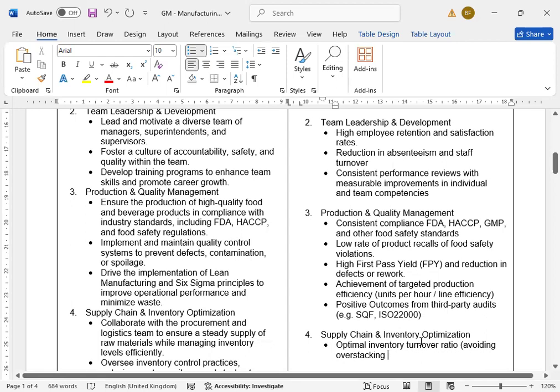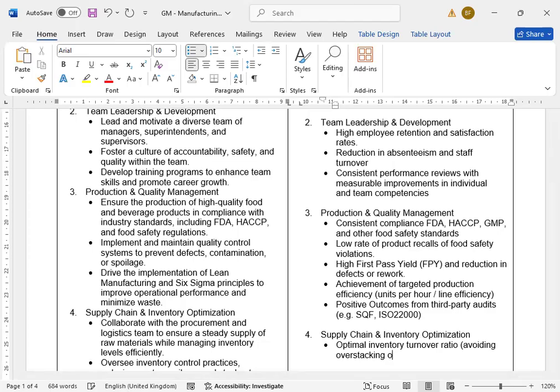You overstock, and the opposite. What is the opposite? Stockouts. You run out of SKUs, stock keeping units. All right.